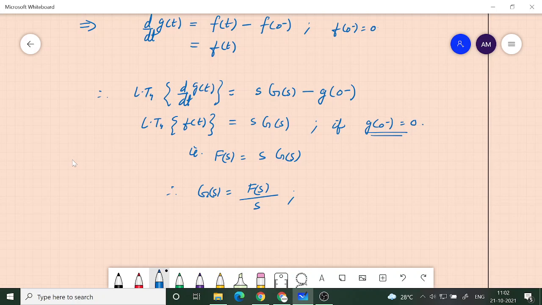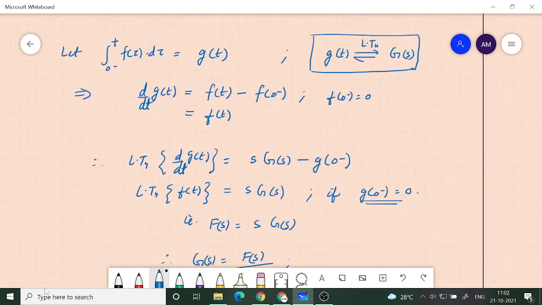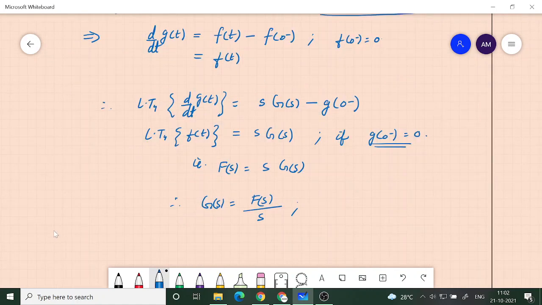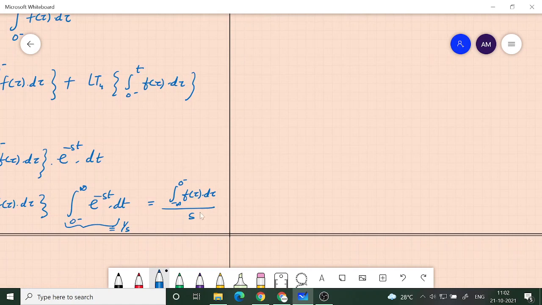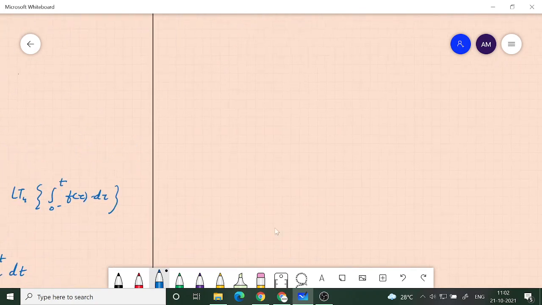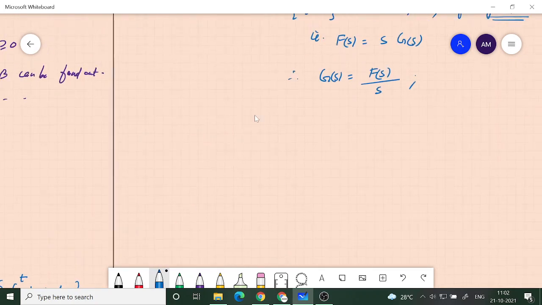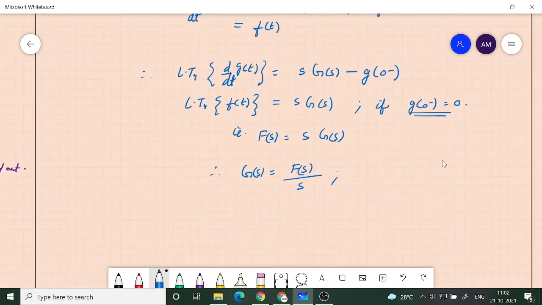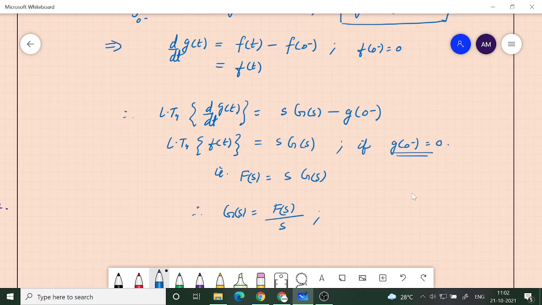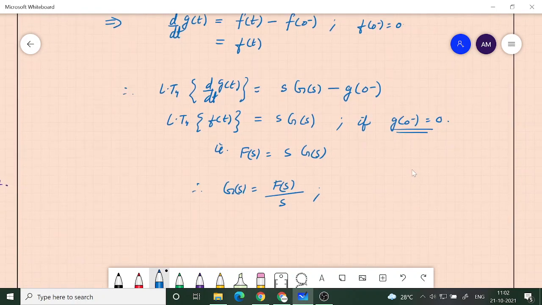So there is a term coming from g of 0 minus, but we have already found the Laplace transform of that term, which gives us that integral divided by s. So now what we can do is find the total Laplace transform, which is basically the sum of these two.